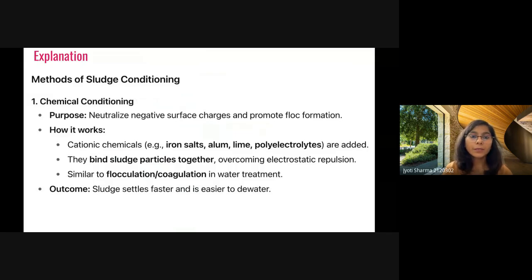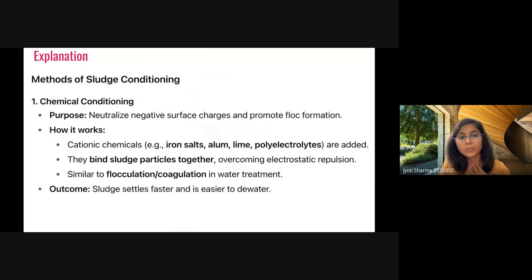So here we can use chemical conditioning. We can add some chemical into the sludge. For example, if it is a cationic chemical, then examples are iron salt, alum, lime, and polyelectrolytes that we can add for the conditioning.